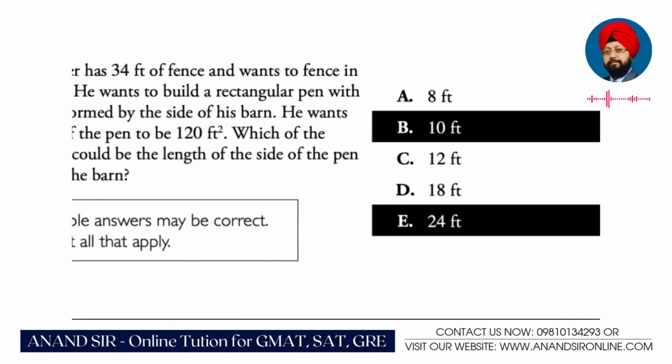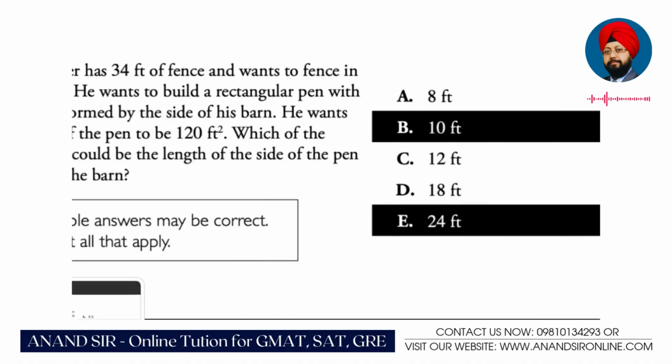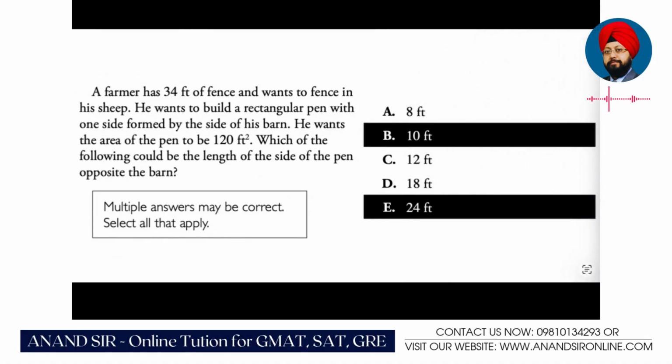One last question. A farmer has 34 feet of fence and wants to fence in his sheep. He wants to build a rectangular pen with one side bound by the side of his barn. So the pen is something like this. This is the barn, and the other three sides say x, x and y.